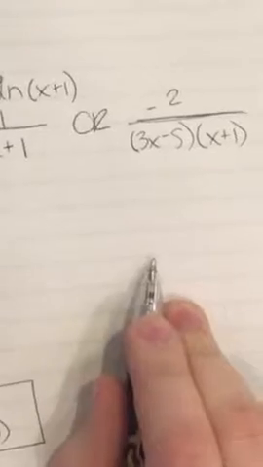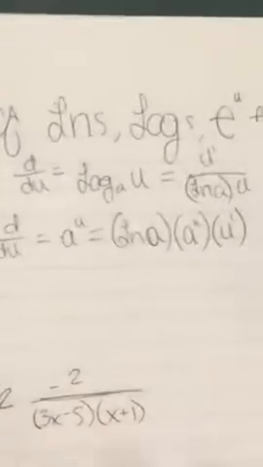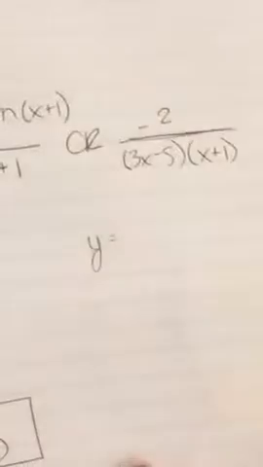I'm going to jump over here and talk about taking the derivative of an a to the u function. So we have y equals 9 to the 2x squared plus 1.